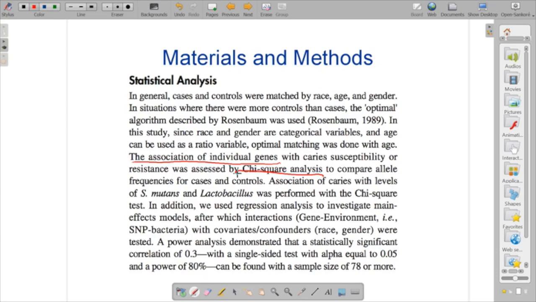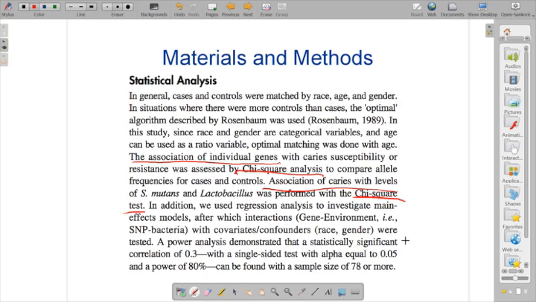They also do something else. They say the association of caries levels of S. mutans with lactobacillus was performed with chi-square test. In addition, they used regression analysis to investigate main effects in the models.